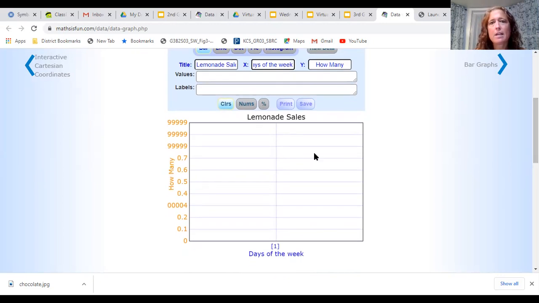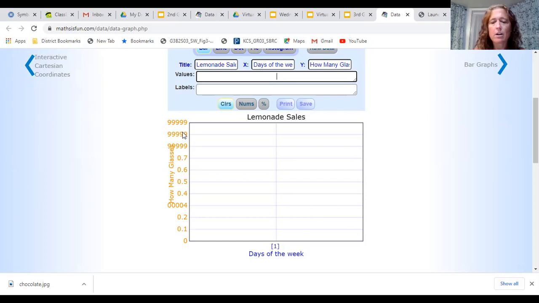And then here would be how many glasses of lemonade. Our values, if you remember, are the number of lemonade sales we had for each day. So that's going to go into this area here where it says how many glasses of lemonade.